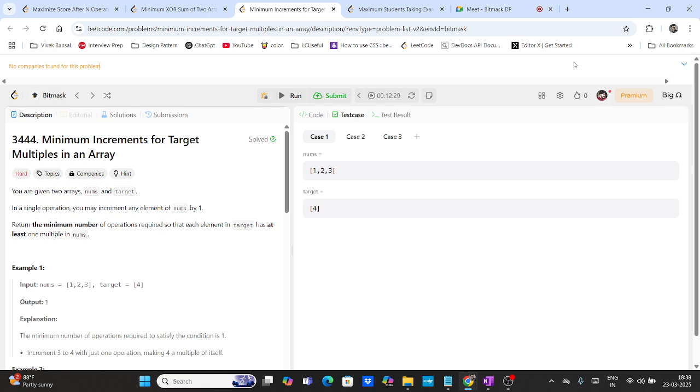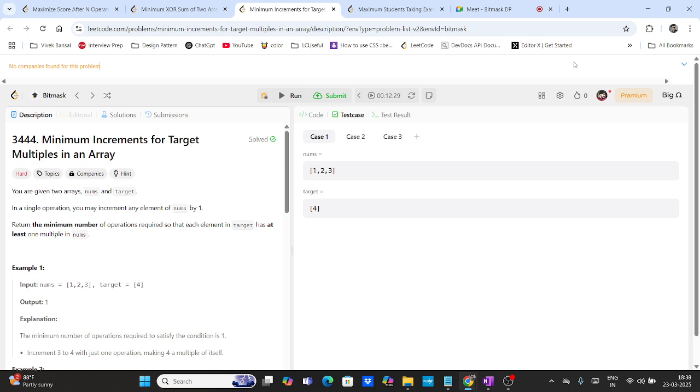Is the question clear by the way? Are you guys clear with the question? What is multiple of itself? 7 is a multiple of 7 only, like that. Every number is a multiple of itself, right?